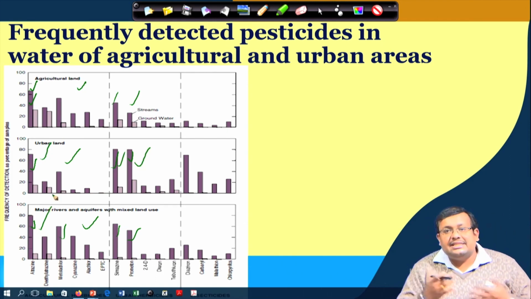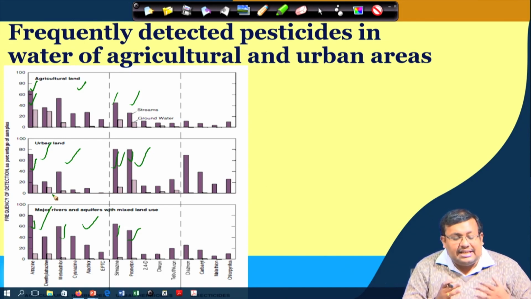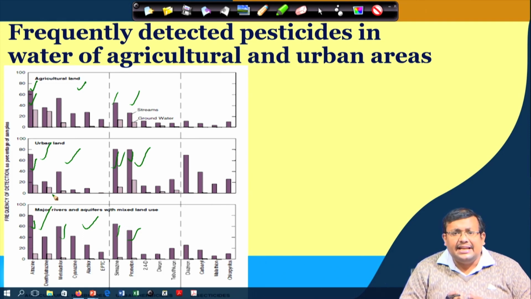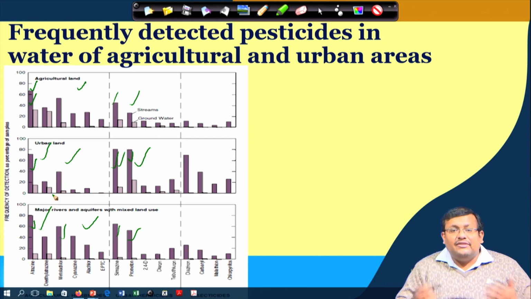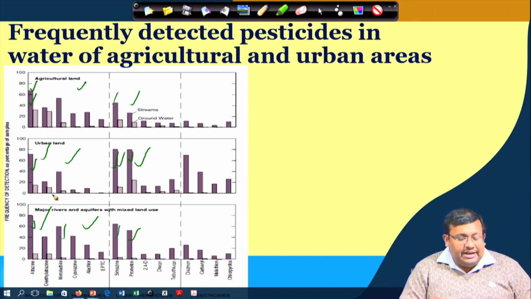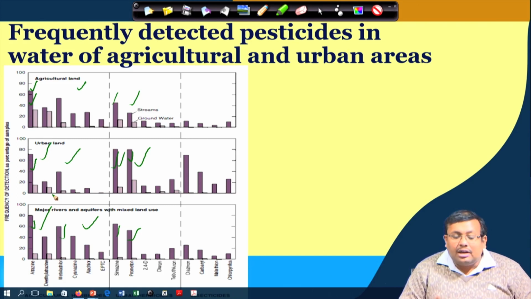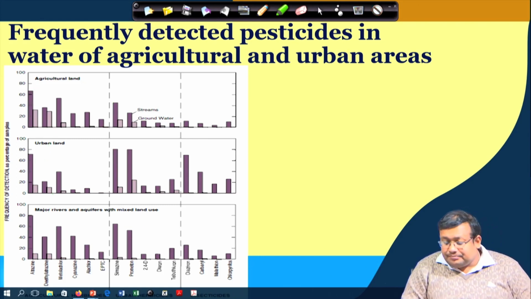So, that says that atrazine is one of the most important pesticides which has shown increased occurrence in different areas, be it agricultural land, urban land, or the rivers and other aquifers.